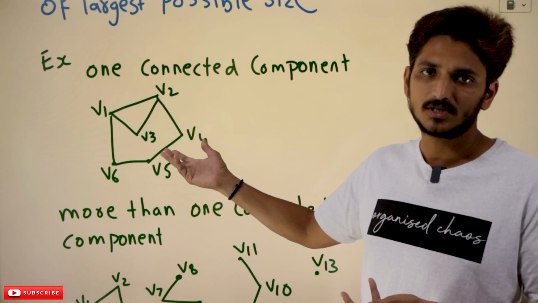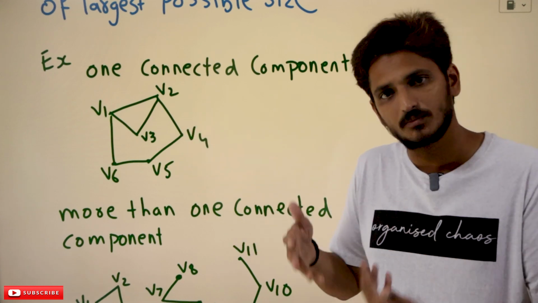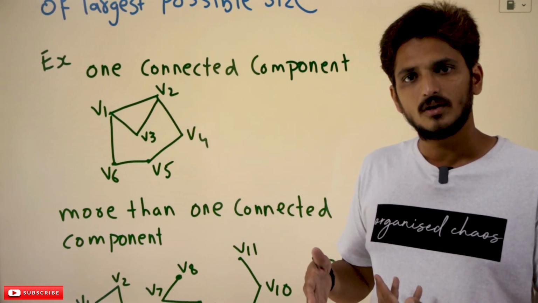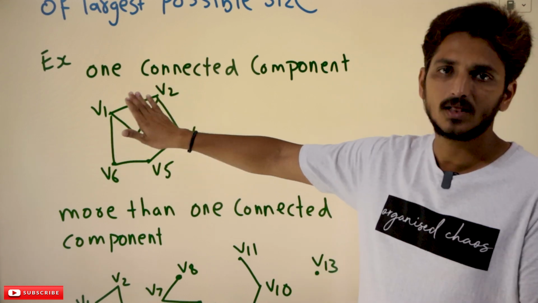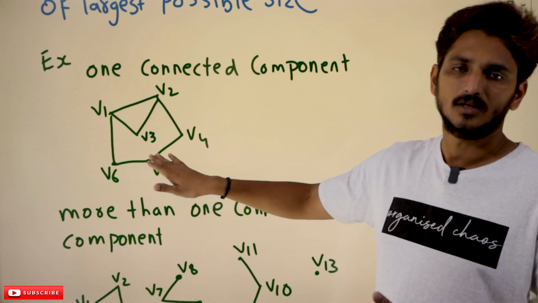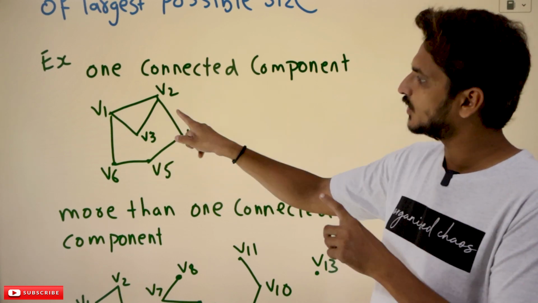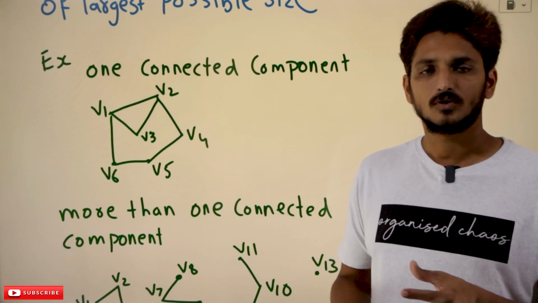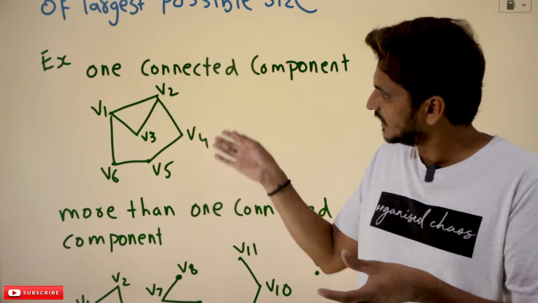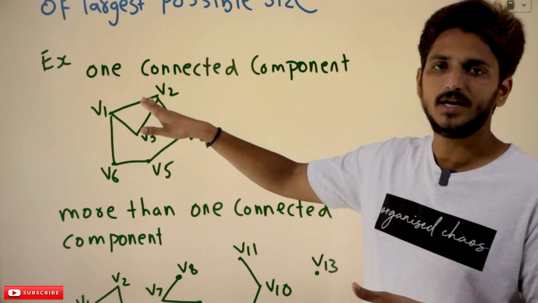So the largest possible subgraph is the graph itself. Yes, the graph itself we can say is a subgraph. So this is one component. All the vertices are connected. That's why there is only one connected component in this graph.